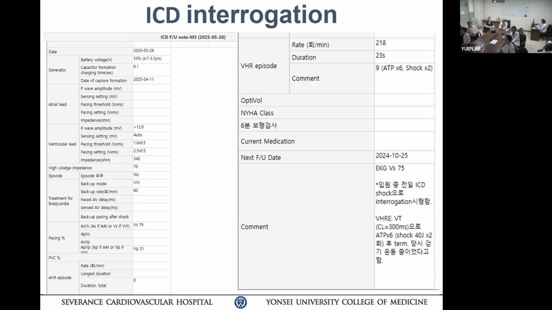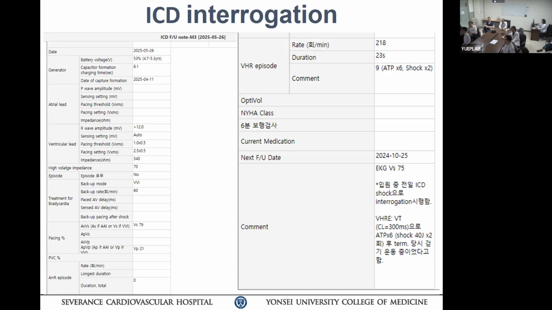During this episode, it delivered 6 ATP and 2 shocks. The cycle length was 300 milliseconds, and it was terminated after shocking.